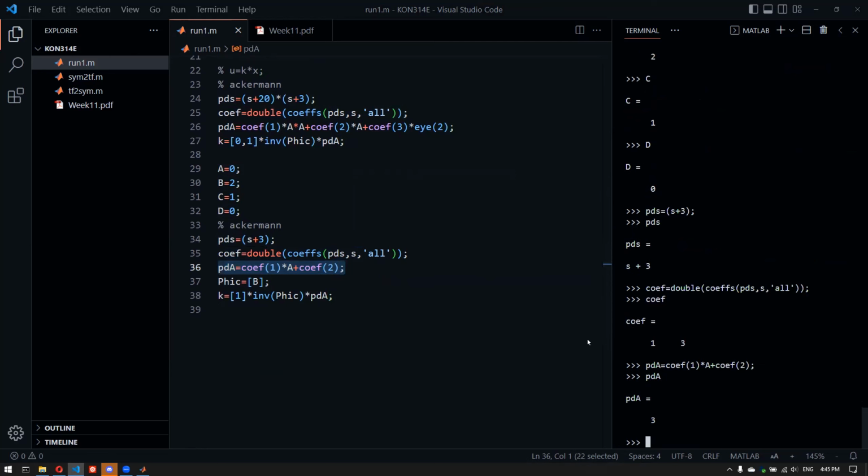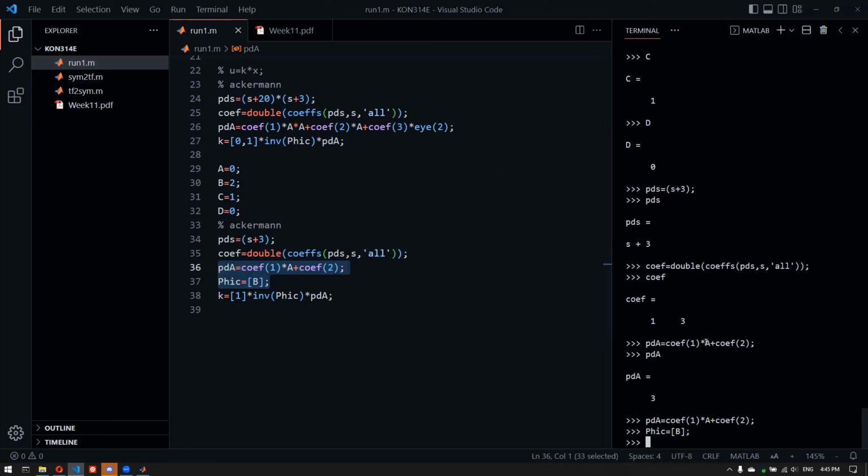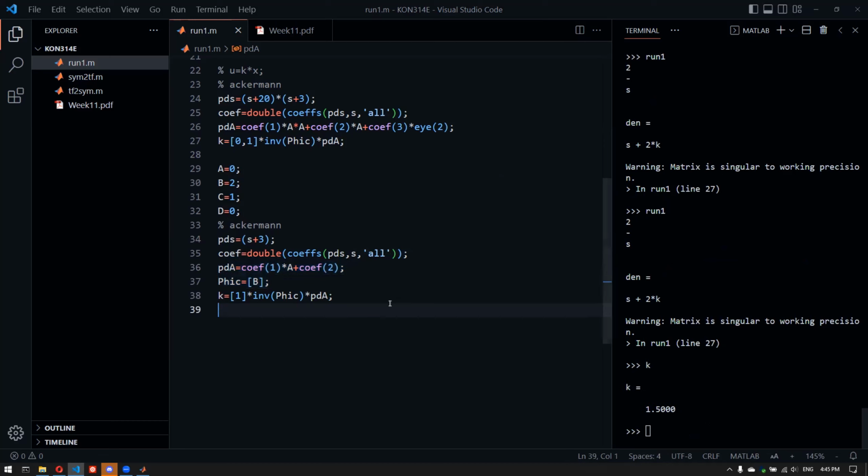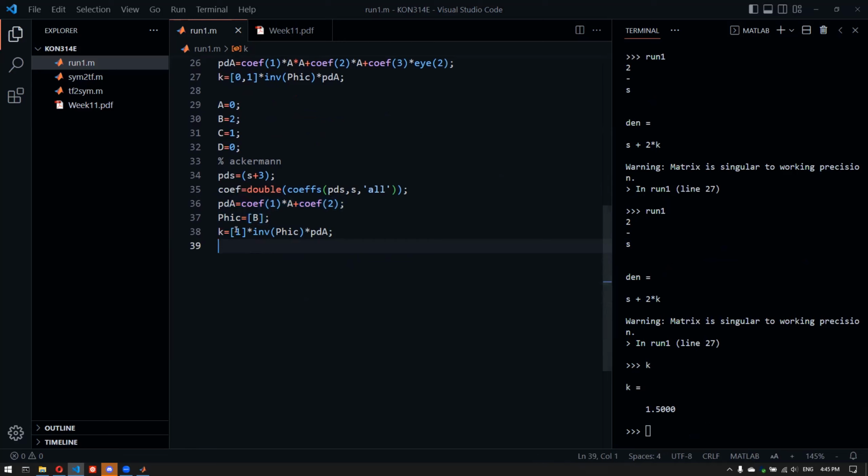PDA 3 and then phi c. Actually, I can just run it. Now it will work. K being 1.5. So, yeah, this is the scalar basically formula for the Ackermann formula here.